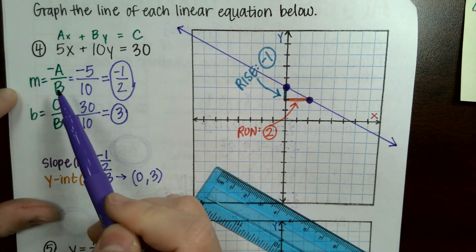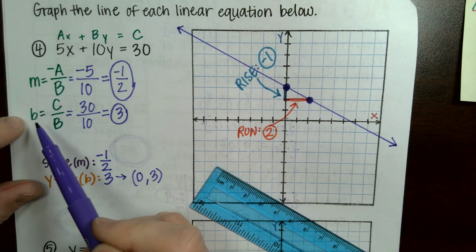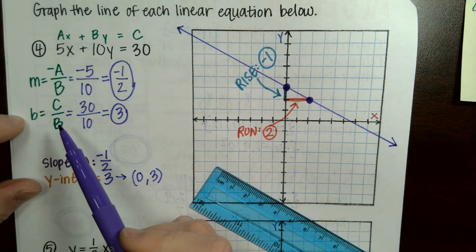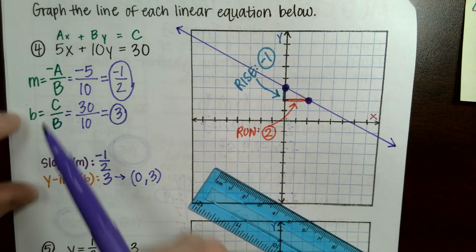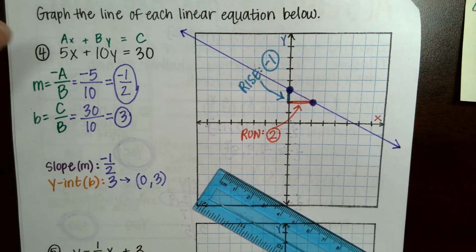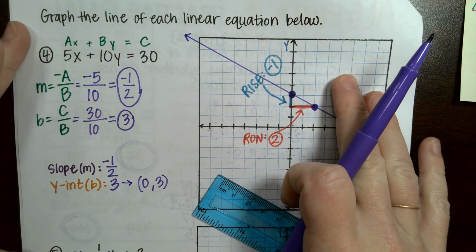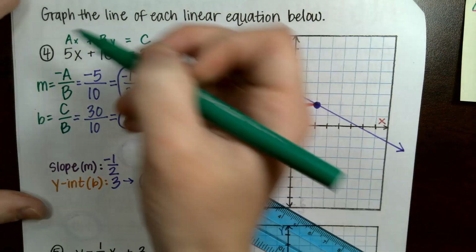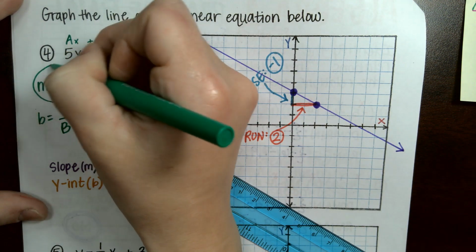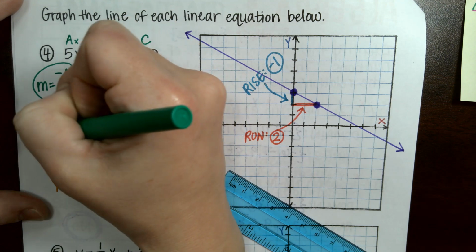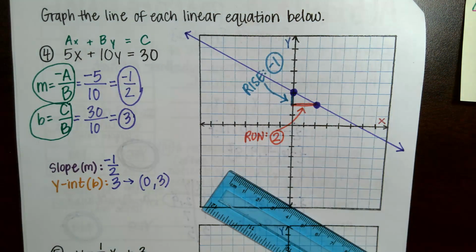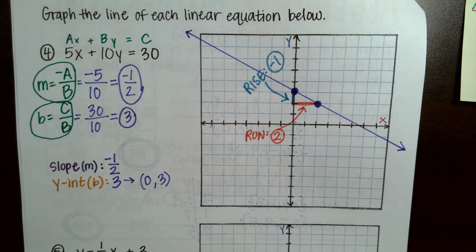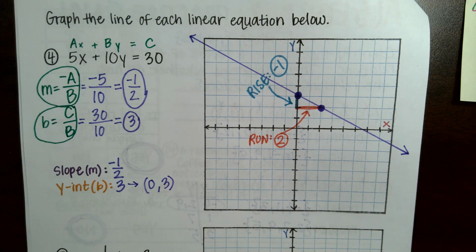The m equals -A over B, and little b equals C over big B. I would very highly recommend you write those, because on your final, you're going to have problems like this. And in case you forget, you'll have this to look back at and say, oh yeah, that's what I do. So write that. That way you have it, so you don't have to go digging through your notes for it. Yeah, I got a lot of notes. Yes, ma'am. Don't we all? All right. Any questions about this one?